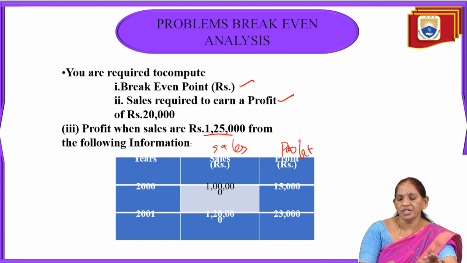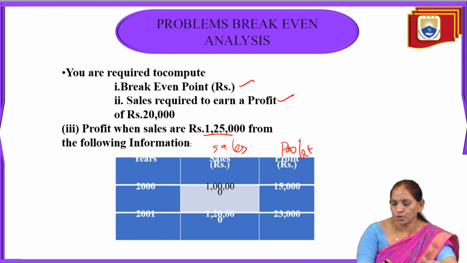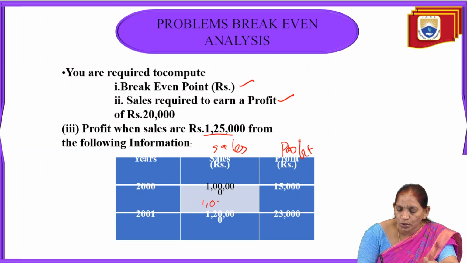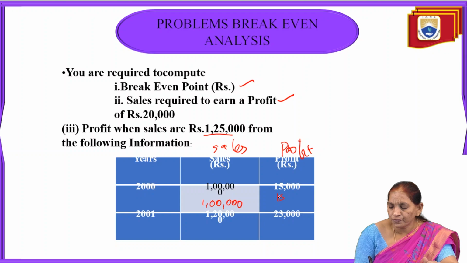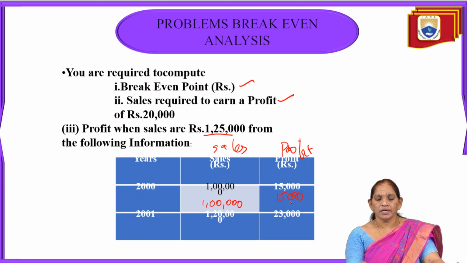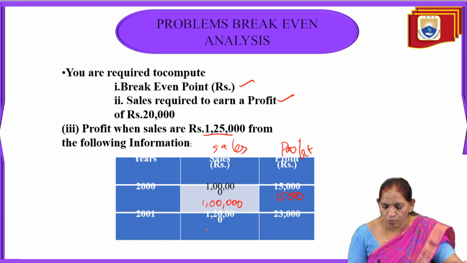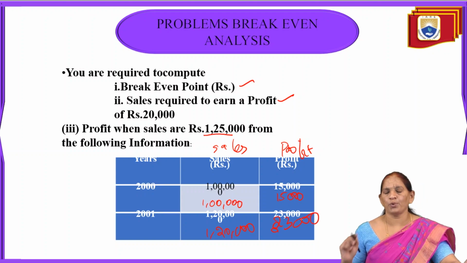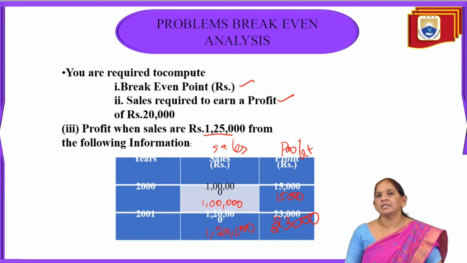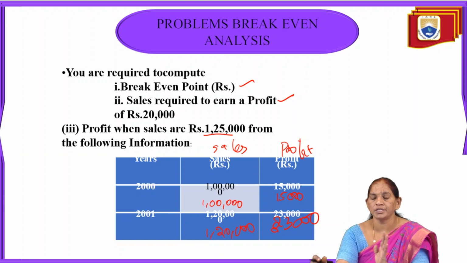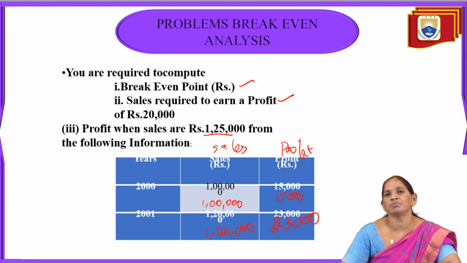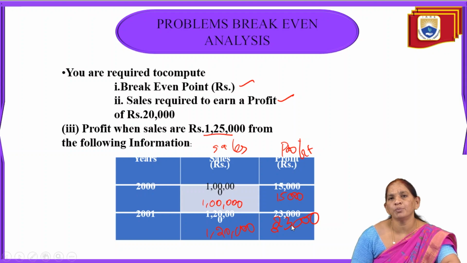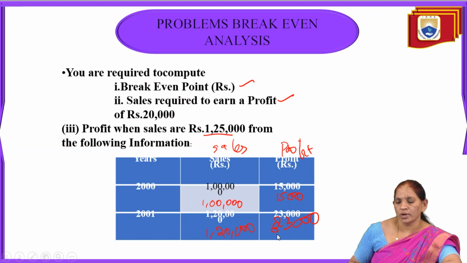He has given 2 years, 2000 and 2001. In 2000 the sales are 1 lakh and the profit is 15,000. In 2001 the sales are 1,20,000 and the profit is 23,000. Based upon this information, he asks us to compute the break-even point, the sales required to earn a profit, and the profit when sales are 1,25,000.